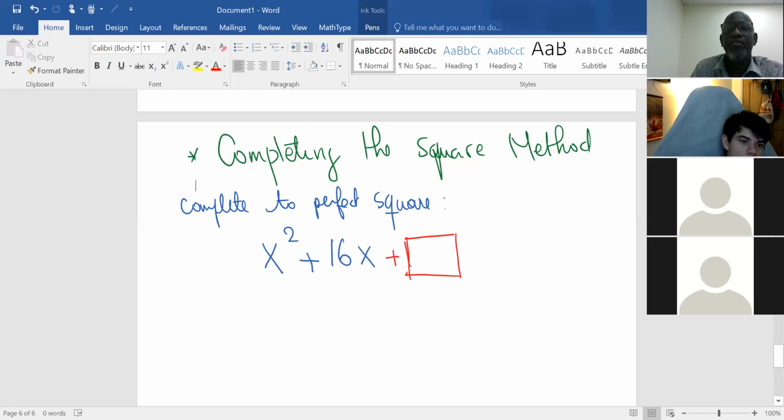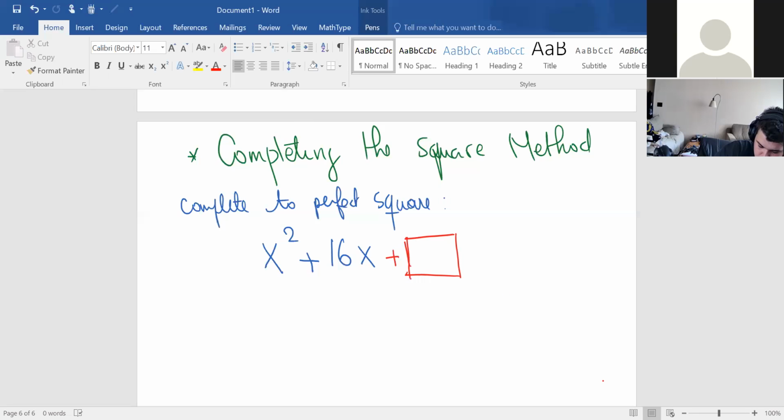Does somebody remember the rule? 8. Yeah, I hear the right number, 8, but is 8 what? It's going to involve 8, but what we have to do to the 8 to make up that number.